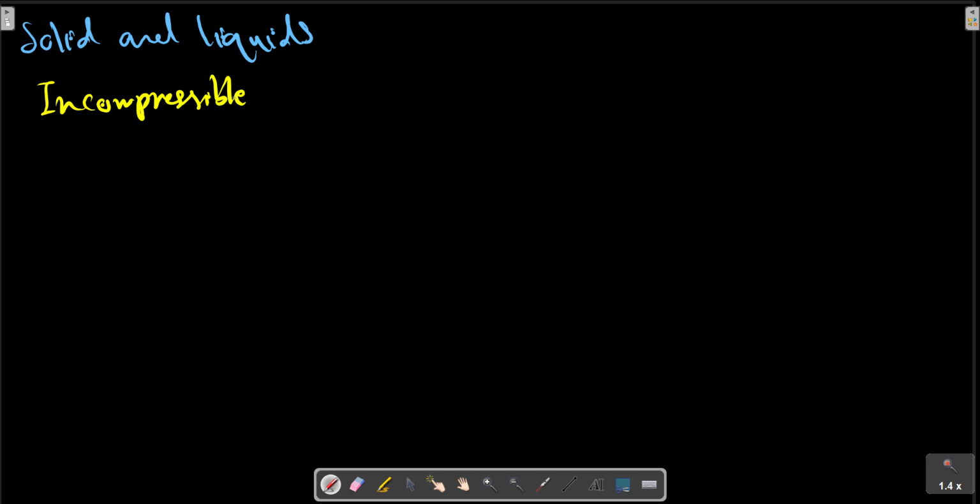The special case for solids and liquids. Consider either a solid or liquid, since both of these phases are nearly incompressible. So dH equals dU plus v dP.